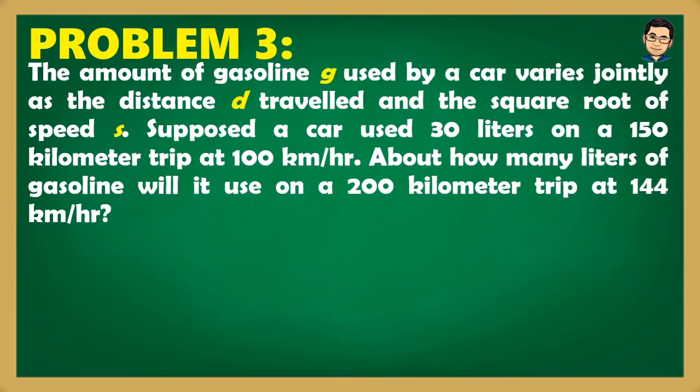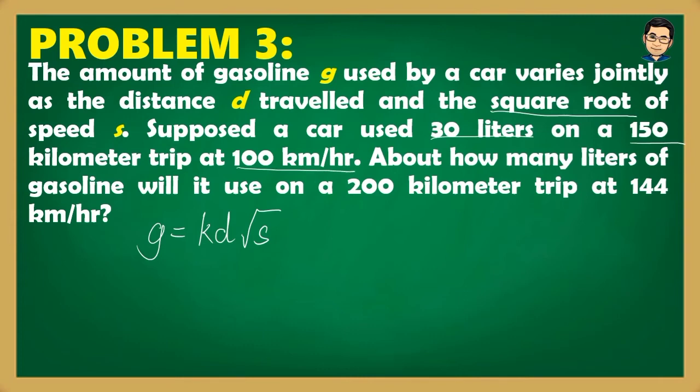So, para isulat yung equation of variation, that is G is equal to k, and then distance, that is D, then square root of speed. So, sulat lang natin siya, kD square root of S. And then, kailangan natin kunin yung constant of variation, which is k. So, based from the given problem, a car used 30 liters on a 150 kilometer trip at 100 kilometers per hour.